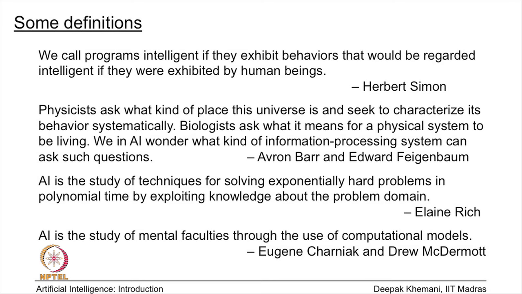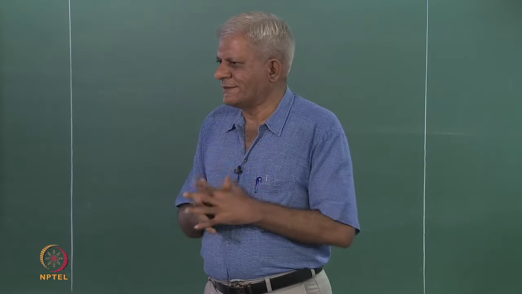So, in other words, he is talking about intelligence: physicists are asking questions about the physical world, biologists are asking questions about living creatures. What kind of information processing system could ask such questions? So, essentially he is saying what kind of system would be intelligent in that sense of the word.